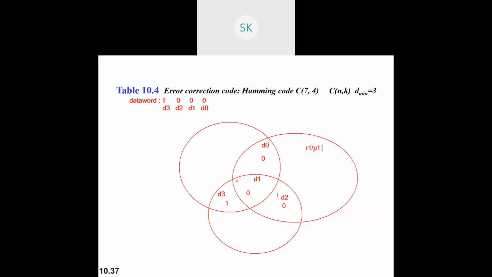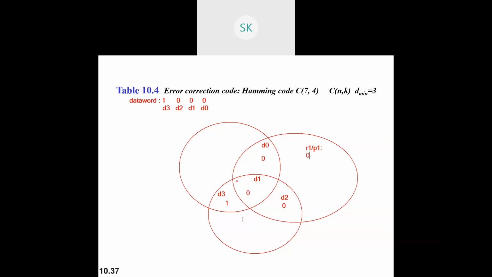D0, D1, D2 come into the picture, so you XOR D0, D1, D2. With respect to that, 0, 0, 0, so the resultant is 0. Or else, an even number of ones is there, so 0.